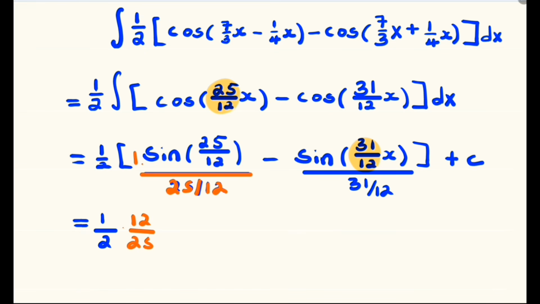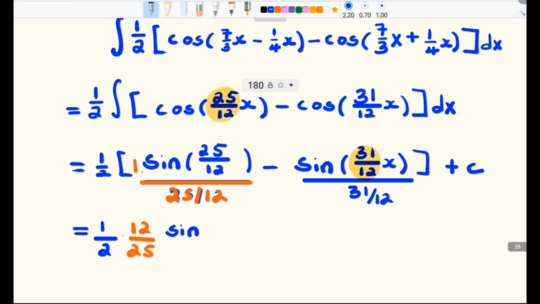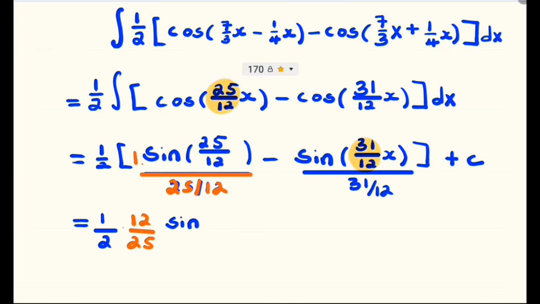So 1 divided by 25 over 12 will be 12 divided by 25. We multiply this by the sine. Also, I forgot the x, sorry about that. So we have our x, the 25 divided by 12x.